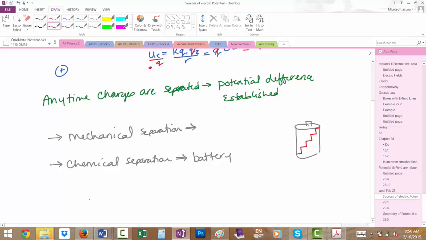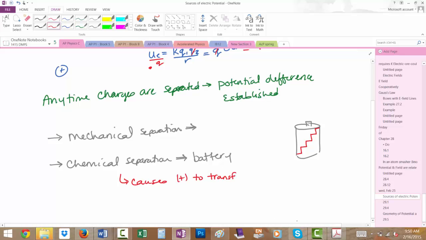So this chemical reaction causes positive ions to, I don't want to say go to, that sounds wrong. What do I want to say, AJ? What's the word I want? I need a verb. Transfers. Sure.